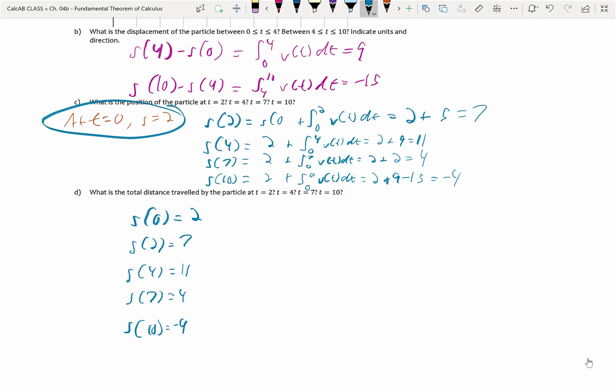So at t equals 2, distance traveled is what? 5. It's equal to 7 minus 2. At t equals 4, distance traveled is, remember, it hasn't stopped yet. Or it's actually stopped at 4, but it's what?